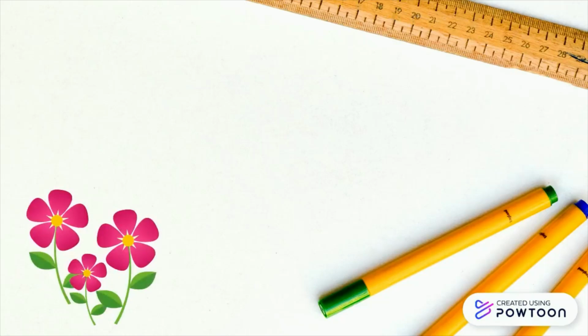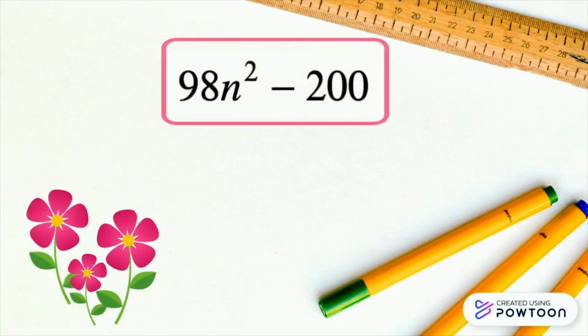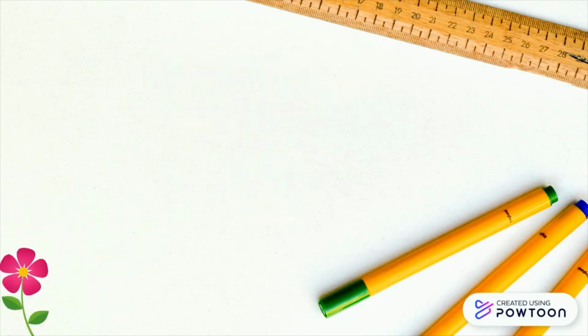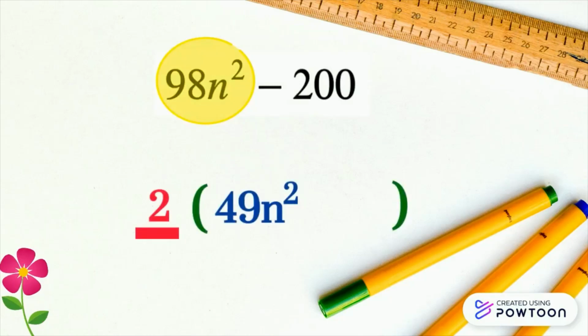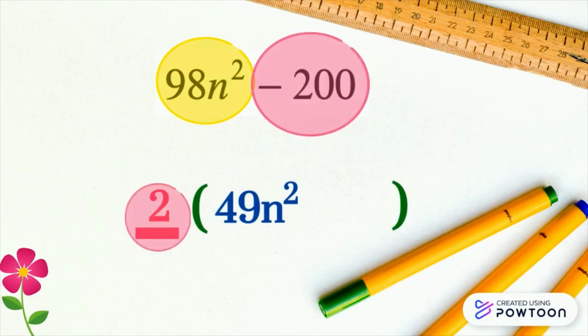An important reminder: before anything else, one has to check first if there is a common factor in the given binomials. Take the common factor first. In this example, the GCF is 2. Dividing 98n squared by 2 is 49n squared. Negative 200 by 2 is negative 100.